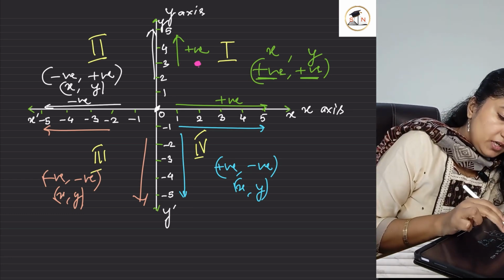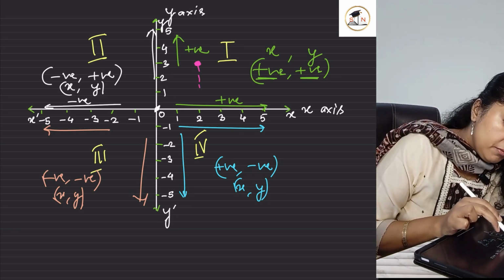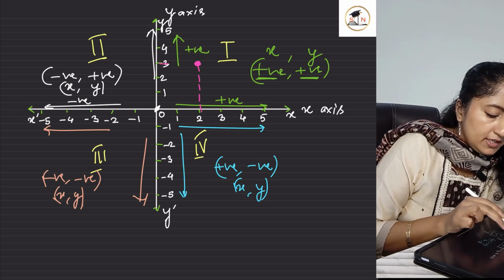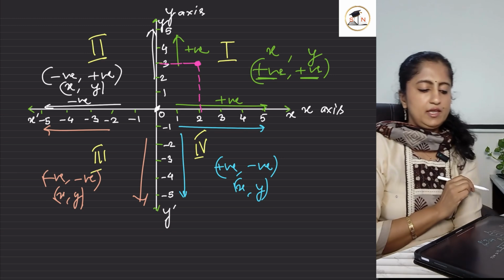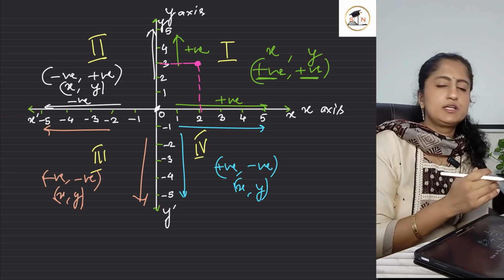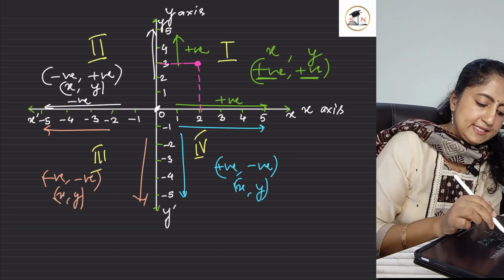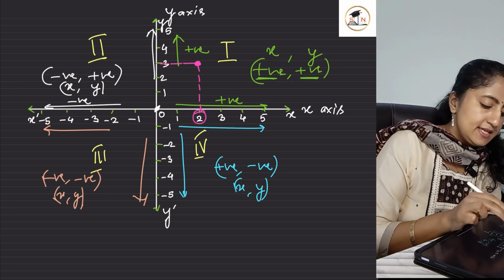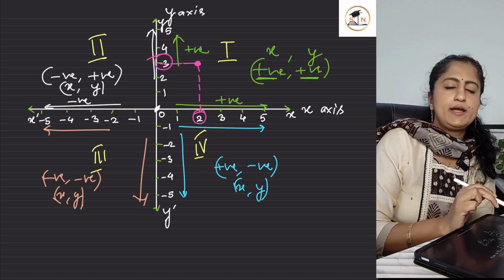I'll drag a line coming down and similarly horizontally. Okay, I drag the point vertically down and horizontally left. What did I see? That it is pointing towards 2 on the x-axis and 3 on the y-axis.